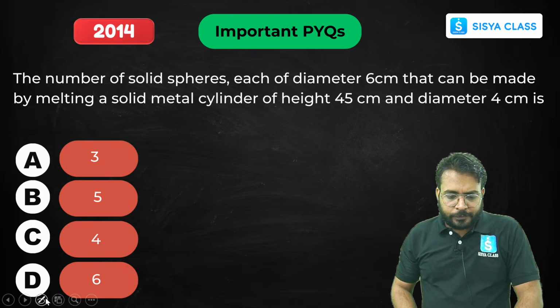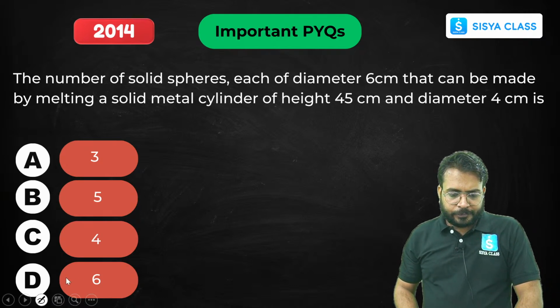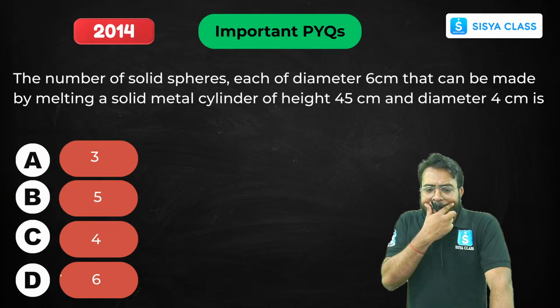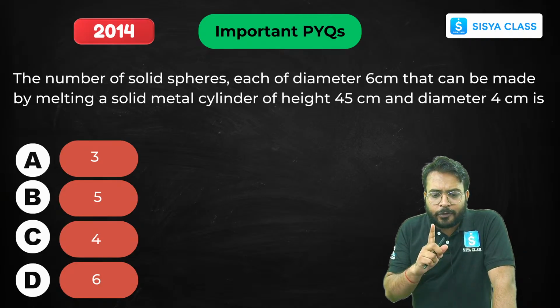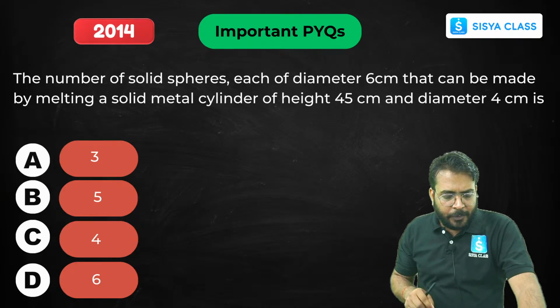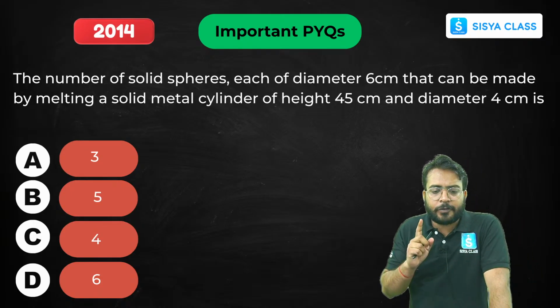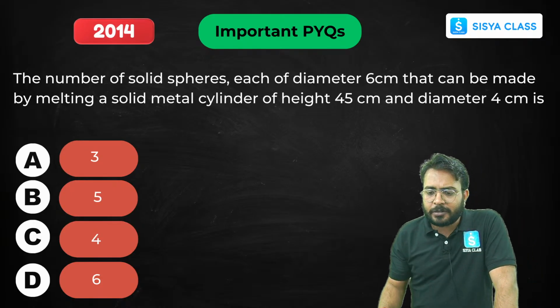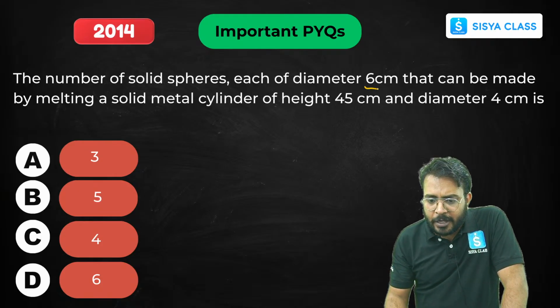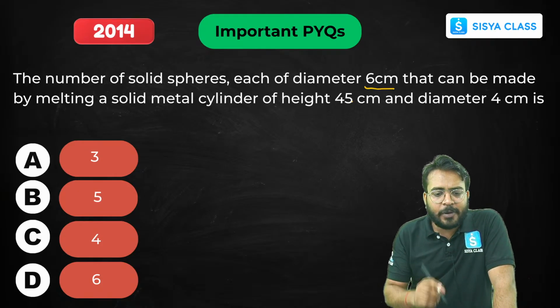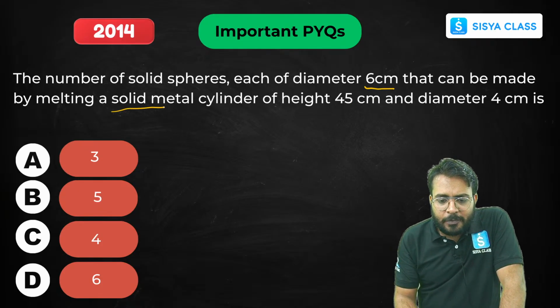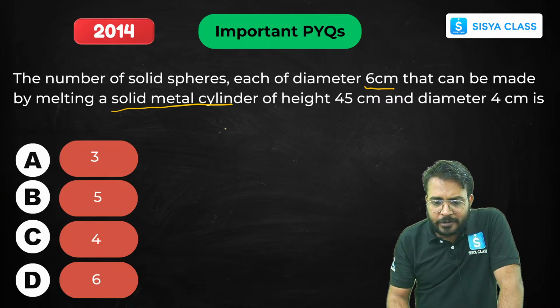Now here, what is the question? The number of solid spheres, each of diameter 6 centimeter, that can be made by melting a solid metal cylinder. Suppose you are having a solid cylinder. Suppose this is my solid cylinder, all right.